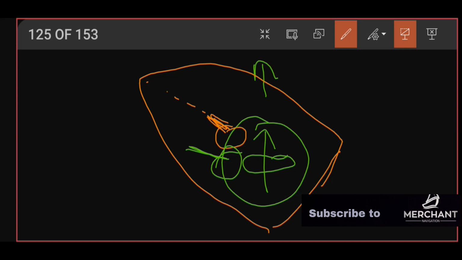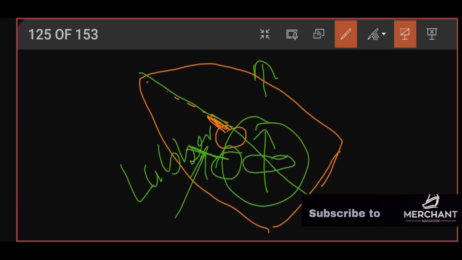One alignment error is a difference between the forward aft line of the ship and the lubber line. The lubber line is not parallel to the forward aft line of the ship. So in this case, it looks like the lubber line is shifted to the port of the forward aft line. Now this difference will always remain no matter where the ship is going.